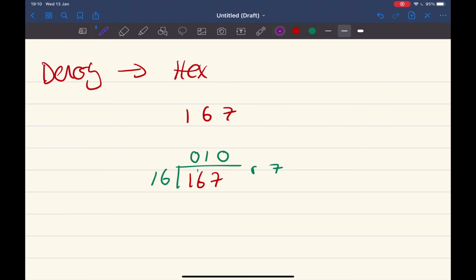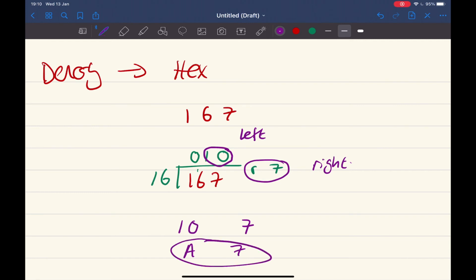Now what's really nice about this method is this number goes on the left and this number goes on the right. So the number then becomes 10, 7. We know we don't have 10 in hexadecimal. 10 is A, so our answer is A7.